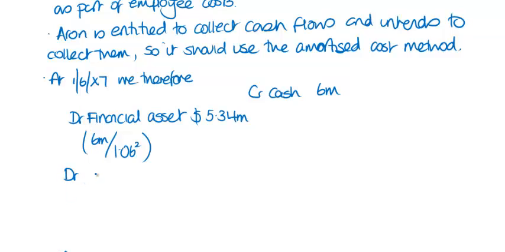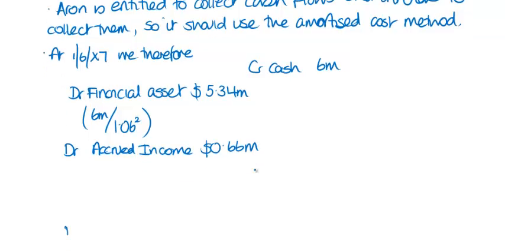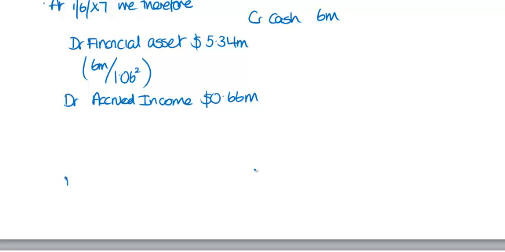And the remainder we're going to treat as accrued income of 0.66 million. So although we're physically going to receive no interest, we're not going to treat it that way.